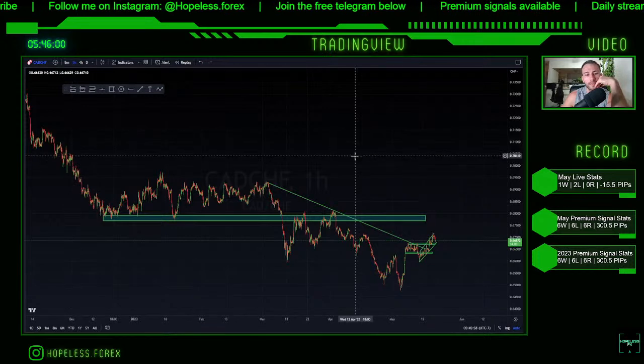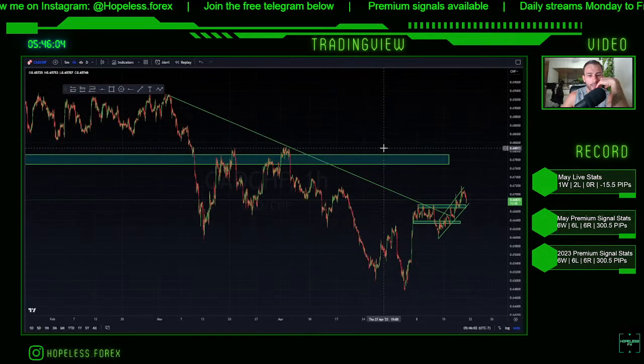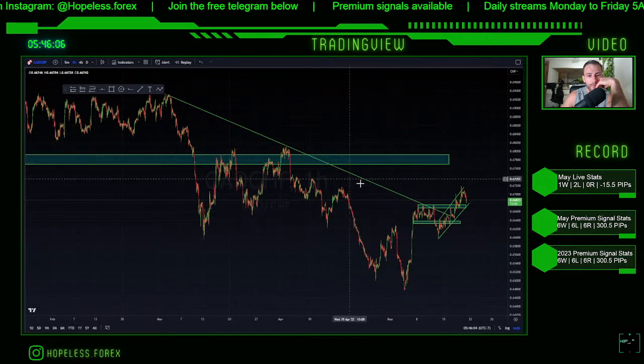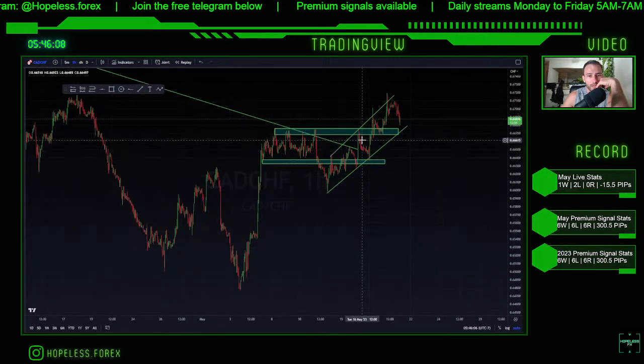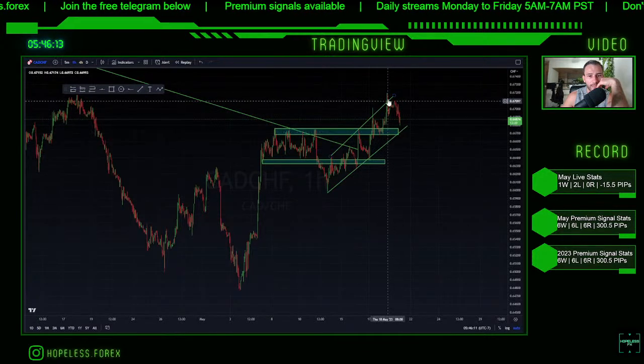All right, CADCHF on the hourly. Again, we have a bit of a break of this level of structure. Price broke out, it's coming down to retest and it's coming back up.